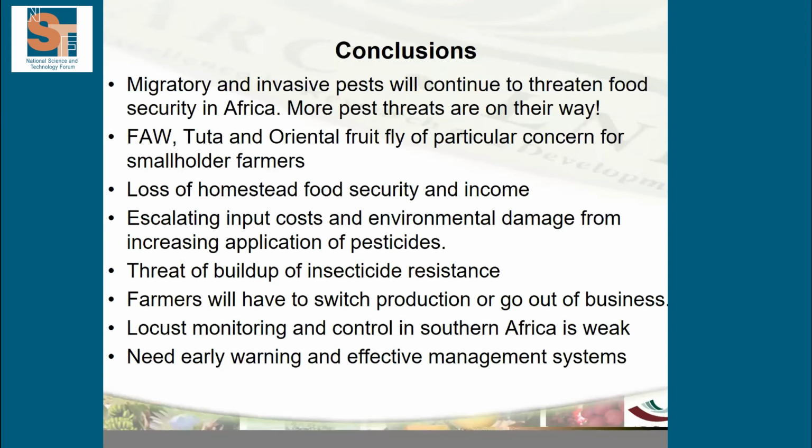The fall armyworm, tuta, and the oriental fruit fly are of particular concern for smallholder farmers at the moment, with the complete loss of food security in some cases and income. All farmers are having escalating input costs, commercial guys and the smallholders, to try and control these pests. And there's environmental damage from this increased pesticide application, as well as human toxicity and all the rest of it.